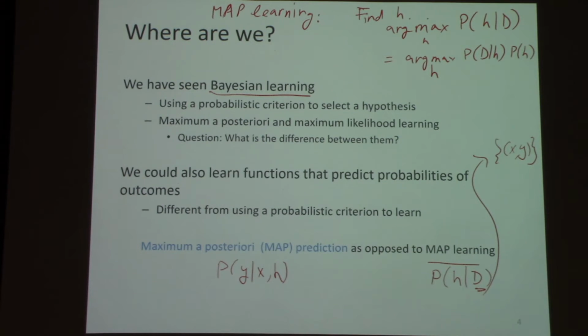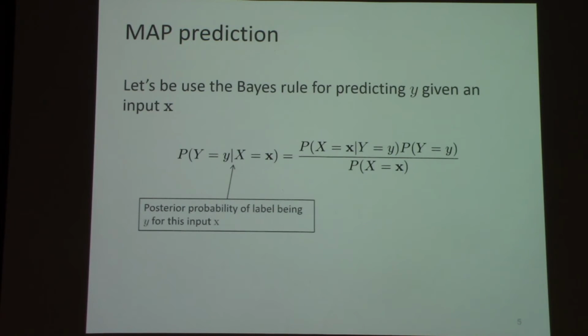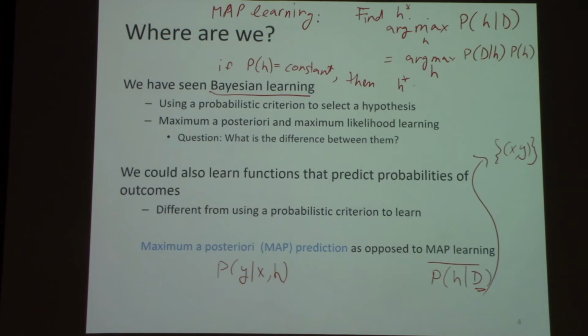Now, on the other hand, if the probability of the prior is constant, then the best hypothesis equals argmax over hypothesis of probability of data given the hypothesis.